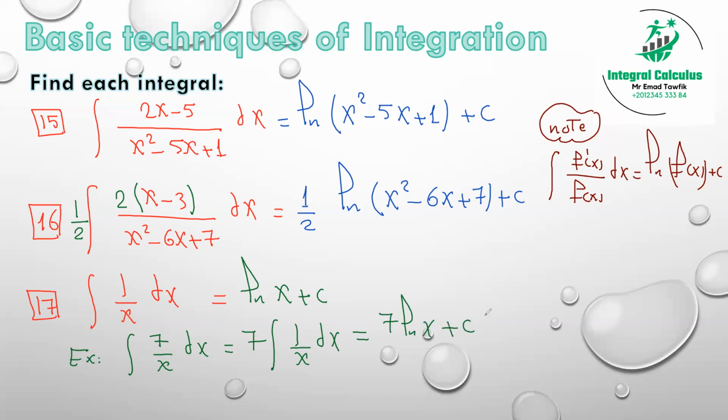So the integration of 7 over x comes as 7 ln x. If it's 2 over x, it's 2 ln x; 5 over x, 5 ln x.